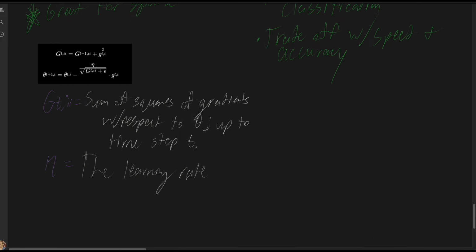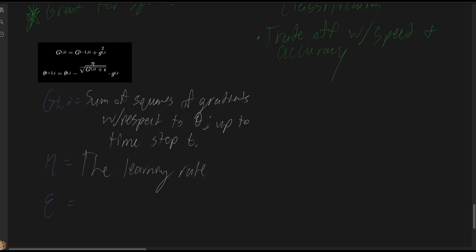Epsilon is a constant to prevent division by 0.